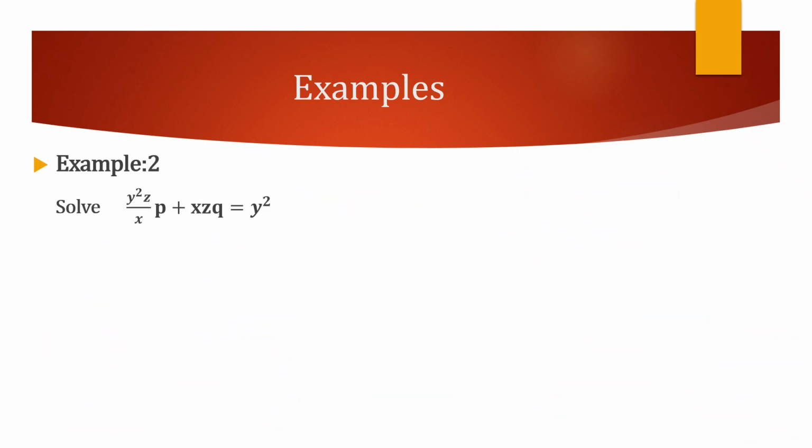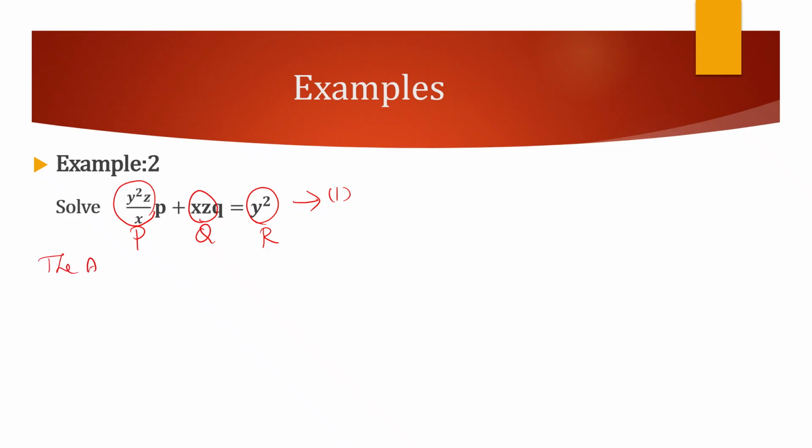So this is our second example. This is also in Lagrange's form. In place of capital P we have this, in place of capital Q we have this, and in place of R we have this. So let us name the given equation as 1. First we write the auxiliary equations.